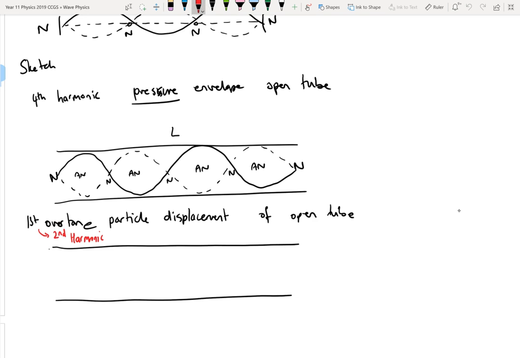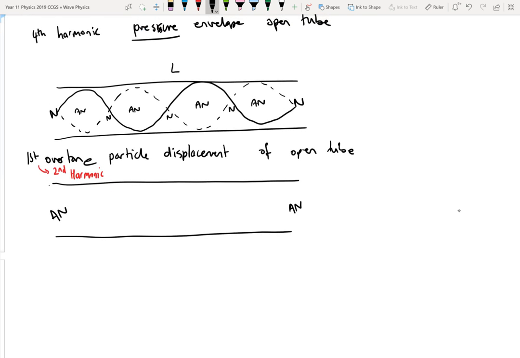I know there's an antinode for particles at each end. I'll give you a hint. We sketched this. It was the second envelope that we sketched on page 18. So I reckon the second harmonic, you need to sketch 1 full wavelength in that tube.